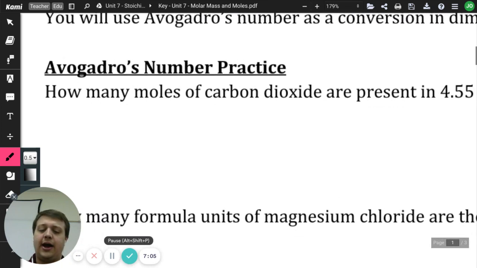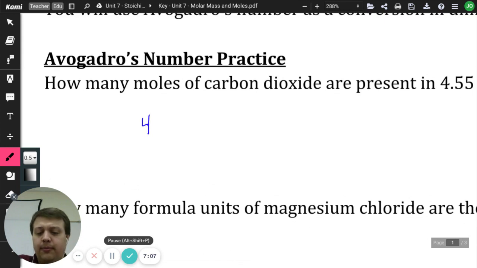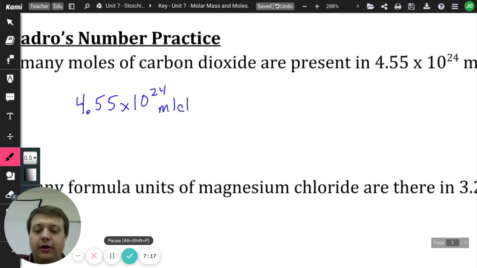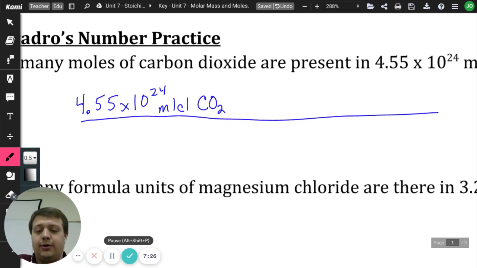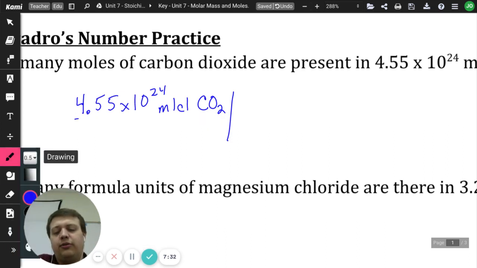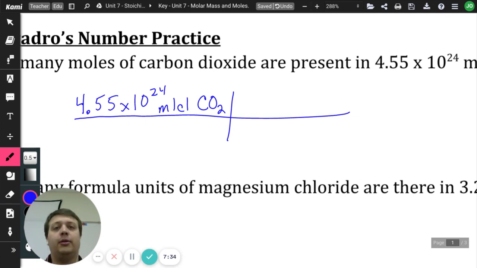So here I've got 4.55 times 10 to the 24th molecules, MLCL is just the abbreviation for molecules, of CO2. Okay? And I'm trying to convert that into moles. So with dimensional analysis, with my stoichiometry, and stoichiometry is just going to be that number conversion, but specifically we're going to focus on atoms or elements or those kind of things.